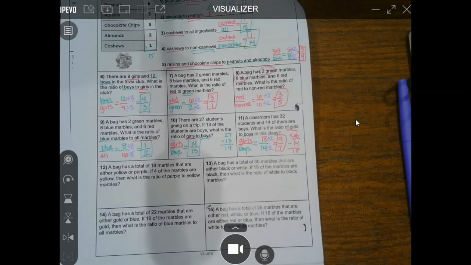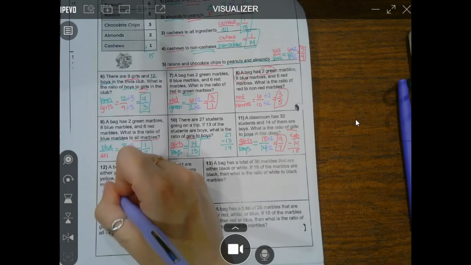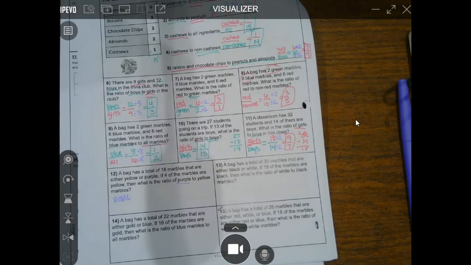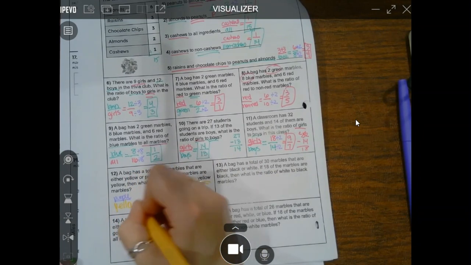Okay, next one. A bag has a total of 18 marbles that are either yellow or purple. Ooh, this one sounds tricky. If 4 of the marbles are yellow, then what is the ratio of, okay, we have purple to yellow.